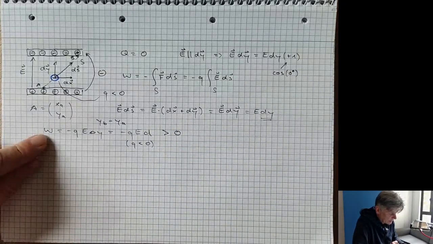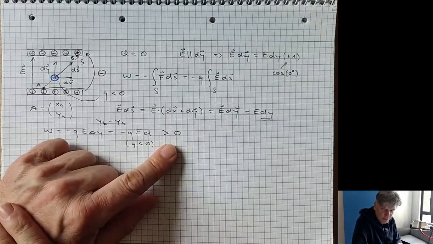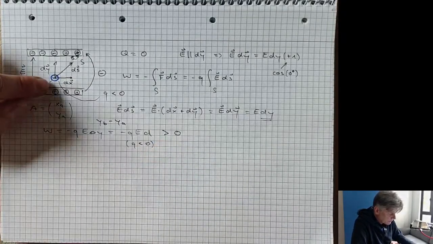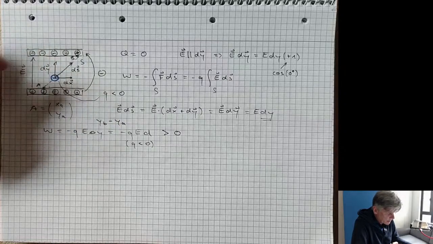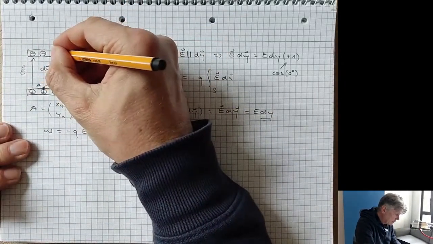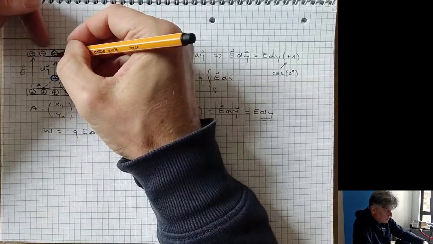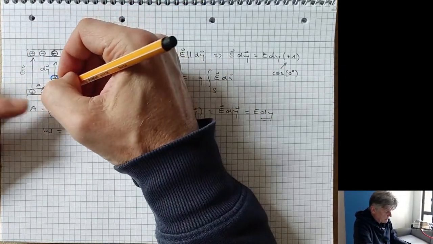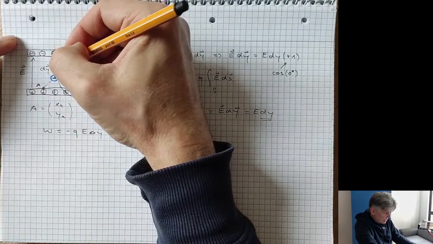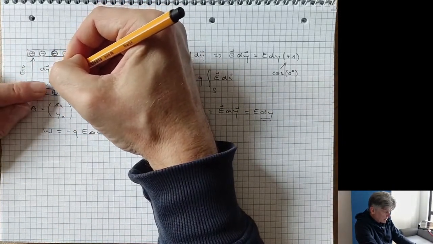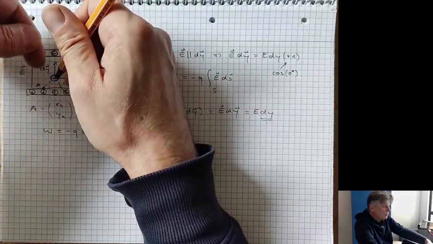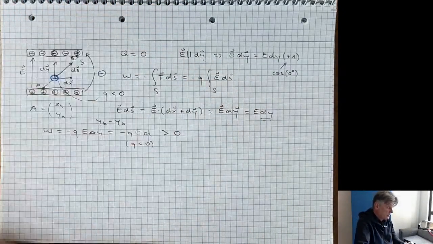So you see the work is also positive because we have to invest our energy to move this particle or this charge against the repelling force exerted by this negative charge here and basically the positive charge here. That would be attracting, this would be repelling, which means if you released this particle, it would move towards the positive terminals.